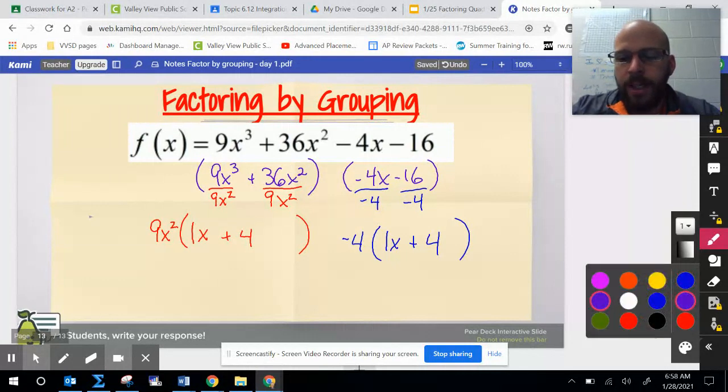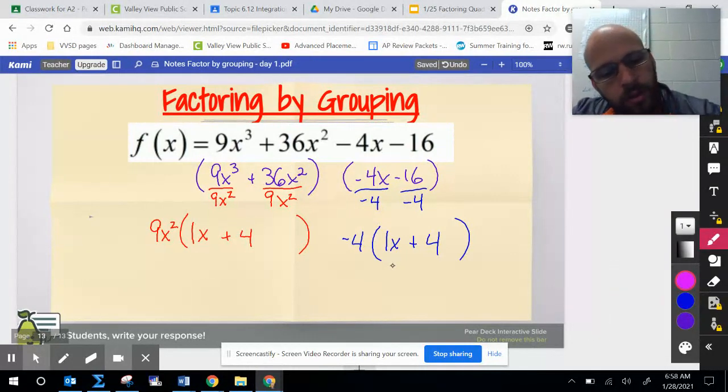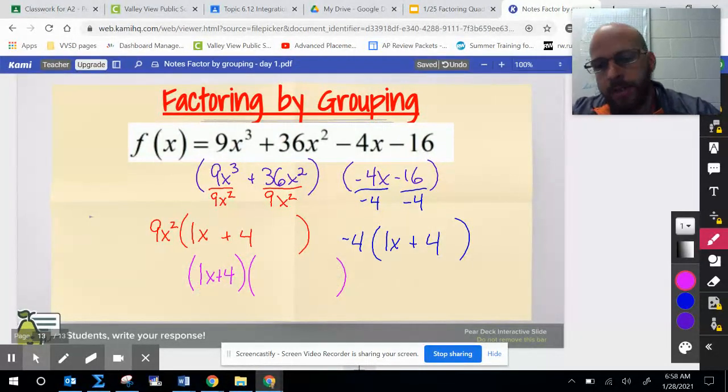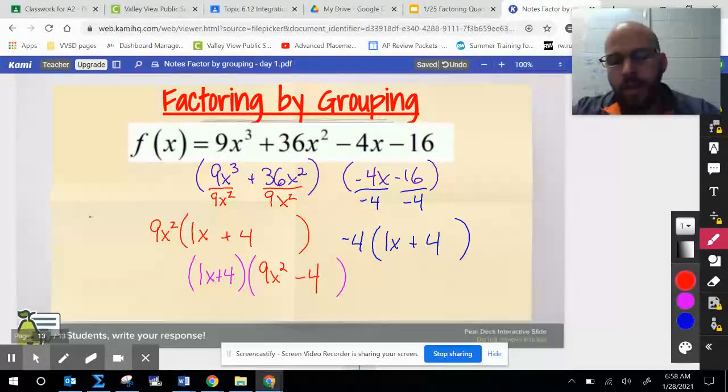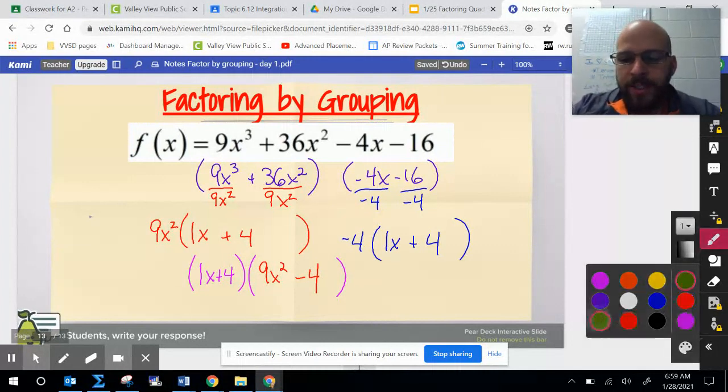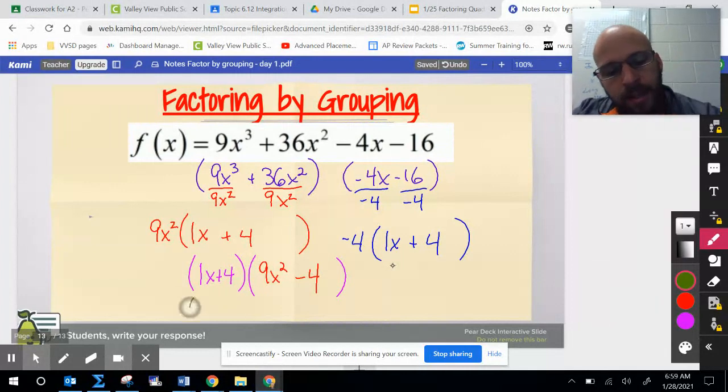So if I write this answer, the group that they have in common is a 1x plus 4. And then the greatest common factors give me a 9x squared minus 4. Now, if you got to here, you're doing a wonderful job. I did decide just to add something slightly to this, and you may or may not catch it.